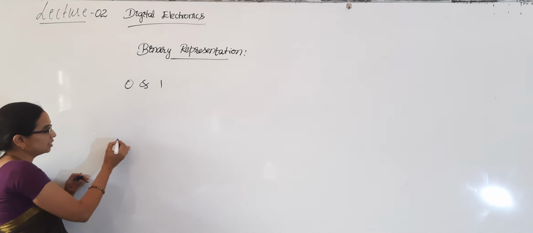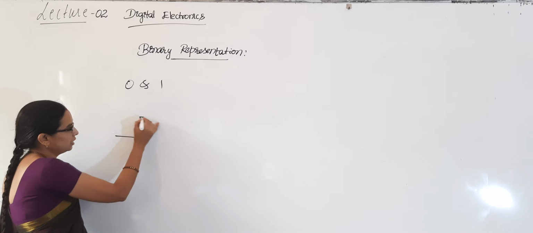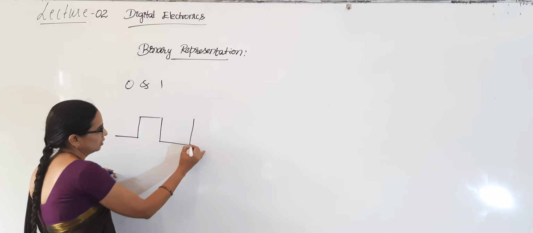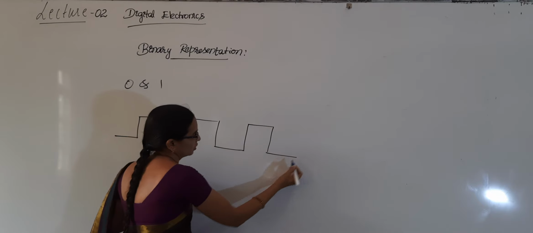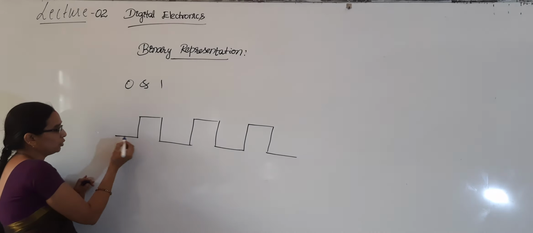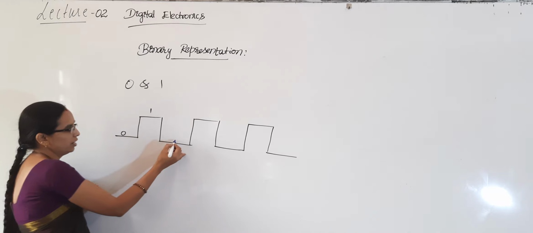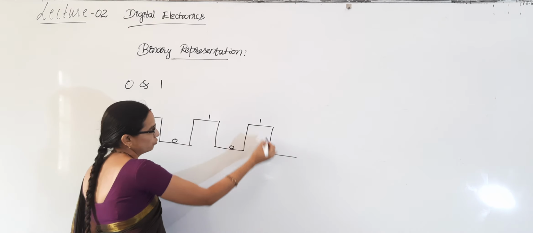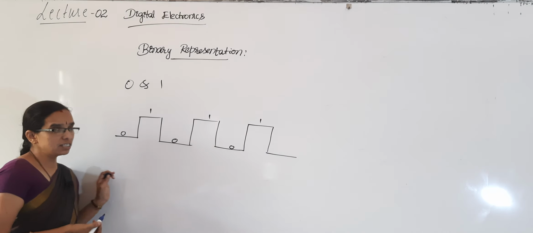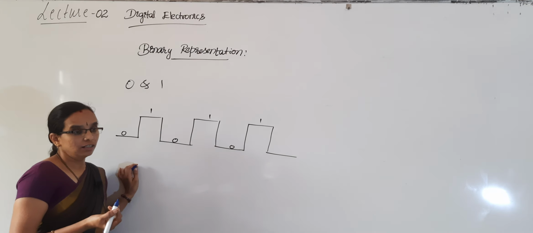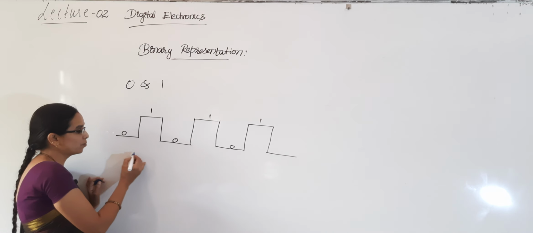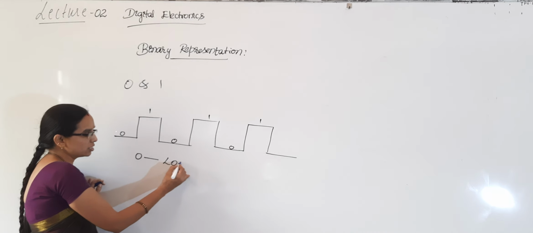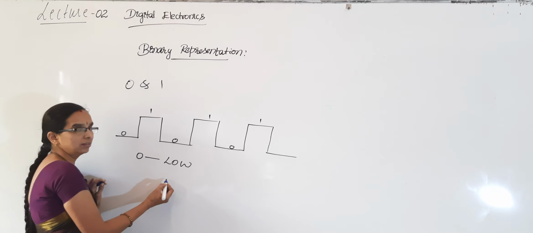The binary signal looks like a digital signal, having two possible states: 0, 1, 0, 1, 0, 1. Electronic circuits represent parameters like voltage or current. If we take a voltage for 0, it is called the low state and the voltage is 0 volts.